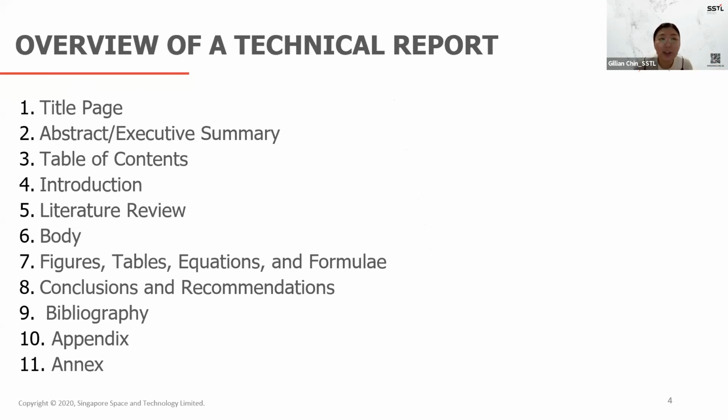So the overview of a technical report. A technical report essentially has 11 main components, so much longer than an experiment proposal, if you were there for the experiment proposal sharing. It includes your title page, an abstract, otherwise known as an executive summary, your table of contents, an introduction, your literature review, the main body of your paper, figures, tables, equations, formulas, lastly the conclusions and recommendations, your bibliography, appendix, and then your annex.